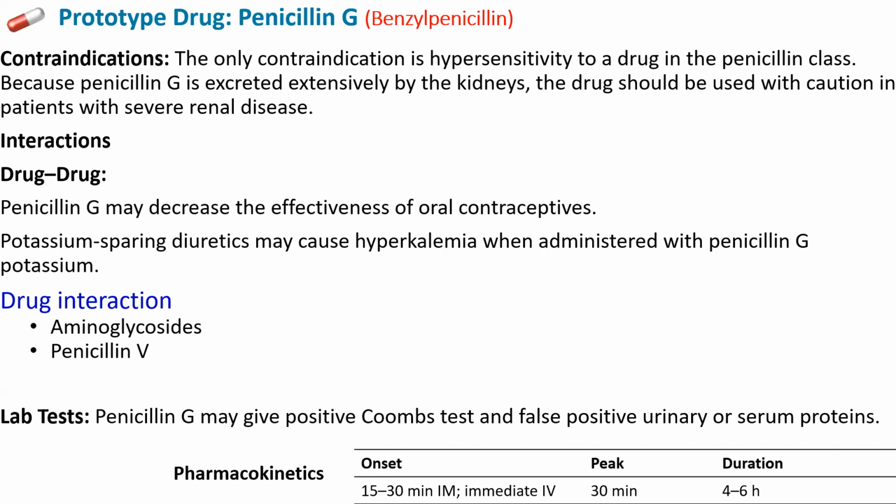And because all penicillins can antagonize the actions of the aminoglycoside antibiotics, drugs from these two classes should not be administered concurrently, at the same time. We have to administer them at least 1 hour apart.